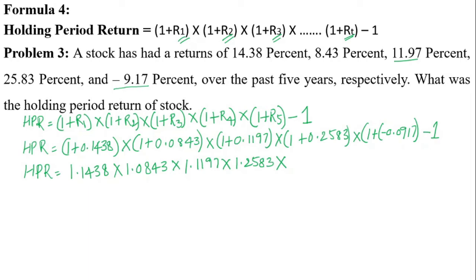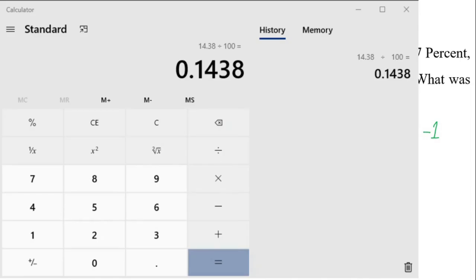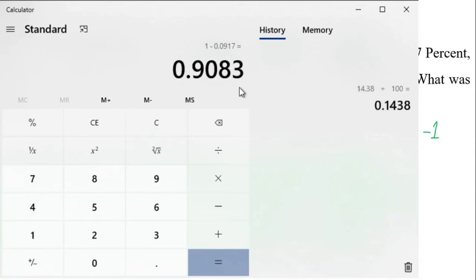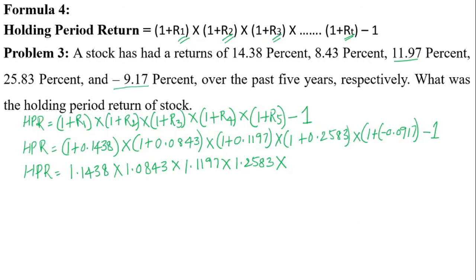Now we have to take the help of the calculator. In the calculator, 1 minus 0.0917, then we will get 0.9083. 0.9083 is going to be taken as the value, which we have to write over here for the fifth year. 0.9083, minus 1.